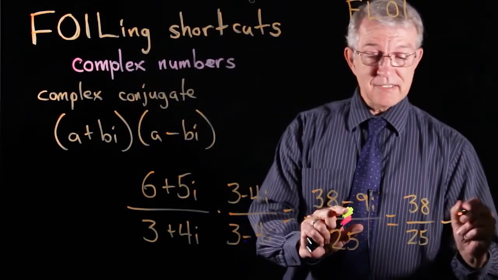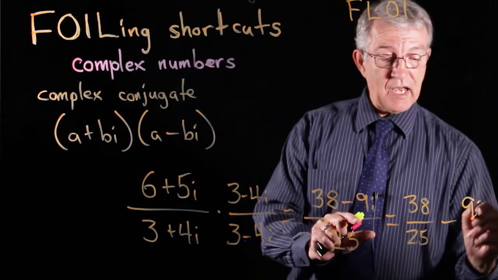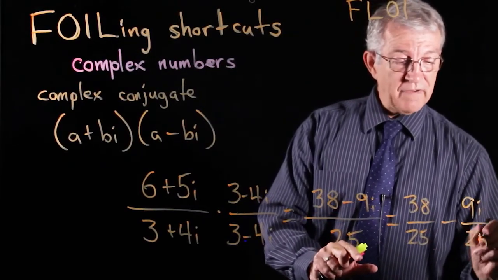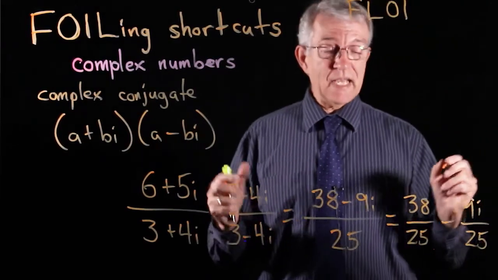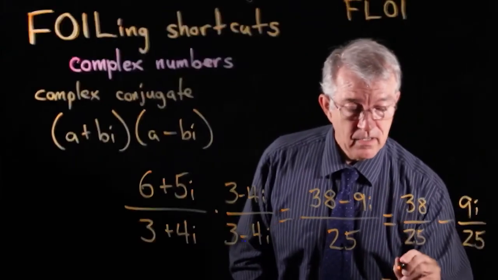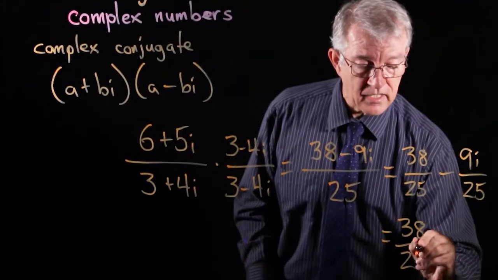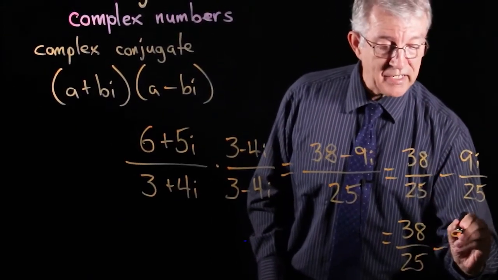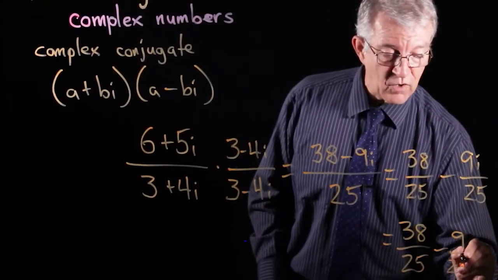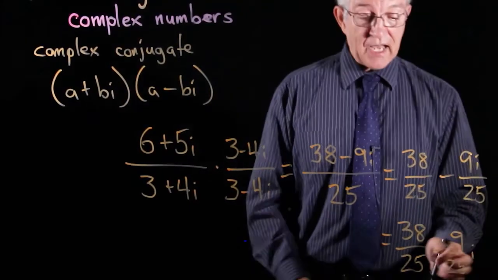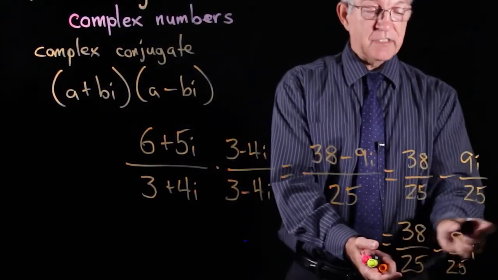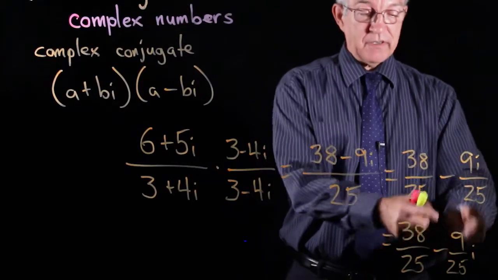And then we have a minus sign, and we have the 9i, and we put that over the 25. And then just to put the real icing on the cake, they write it in a form that definitely looks like a complex number. They put this minus, and here's the fraction. It becomes a coefficient before this i. Now you can see a plus bi, and there's an a part and there's a b part.